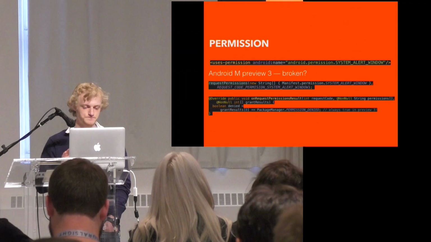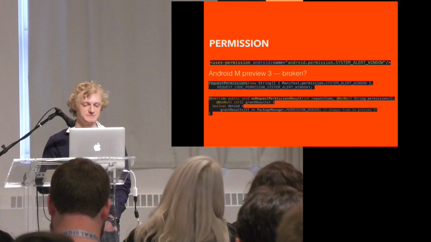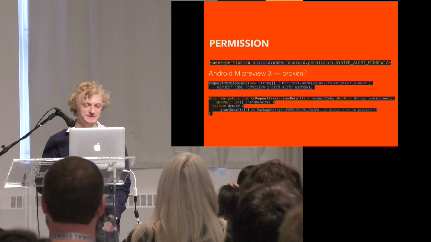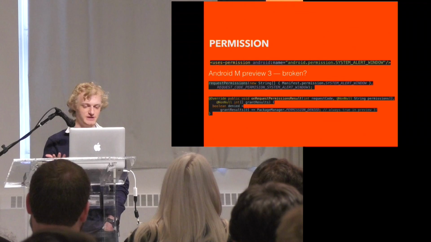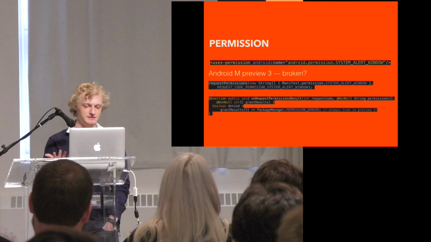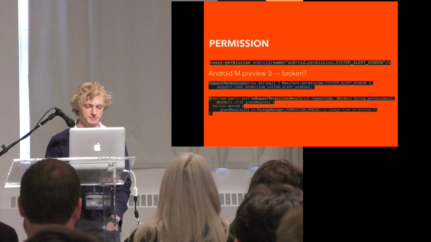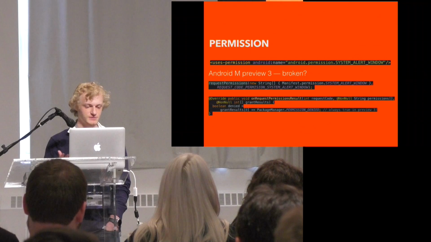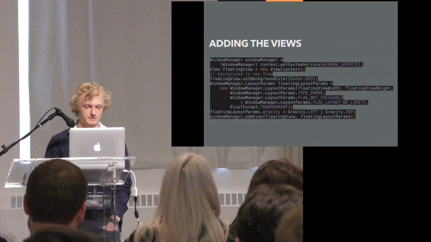And when you request the permission, it always comes back as denied. So hopefully that gets fixed. If anybody has information, maybe there's something about the system alert window that's new in M, but I haven't been able to track down any information on why I always get denied.